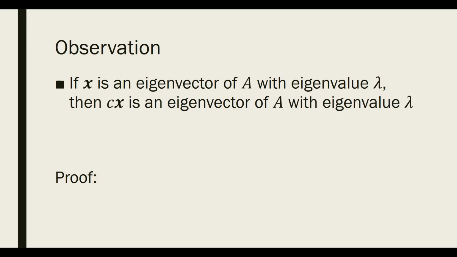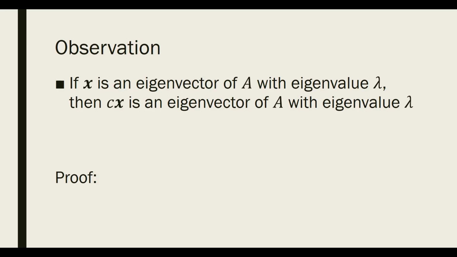If we have an eigenvector which we call x of the matrix A, and that eigenvector has eigenvalue of lambda, then any scalar multiple of x will also be an eigenvector of A with the exact same eigenvalue.